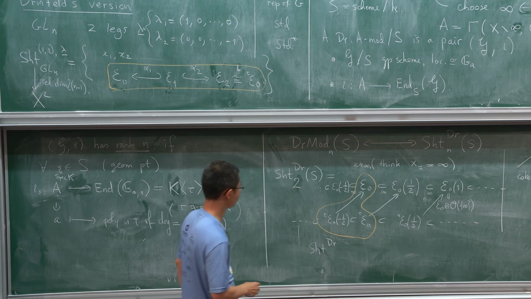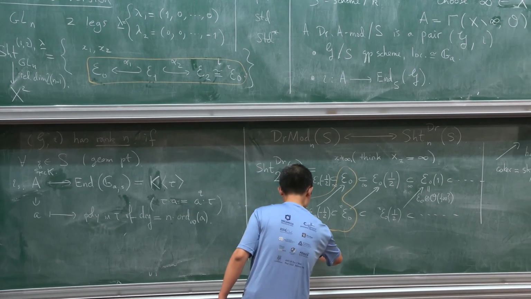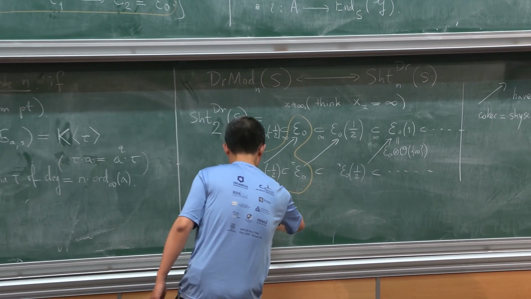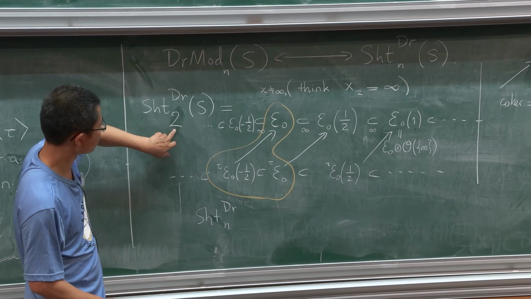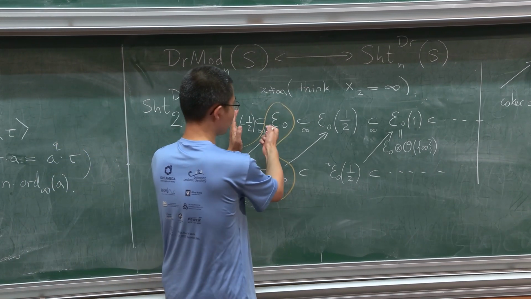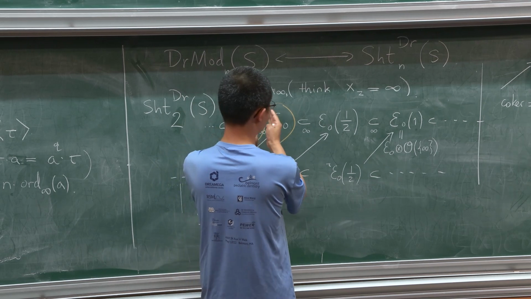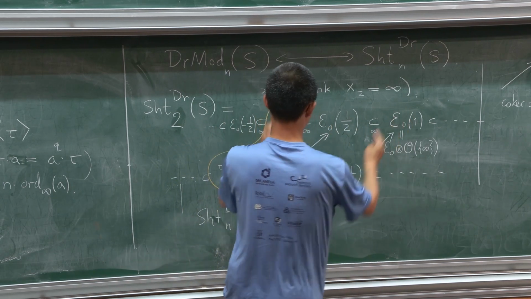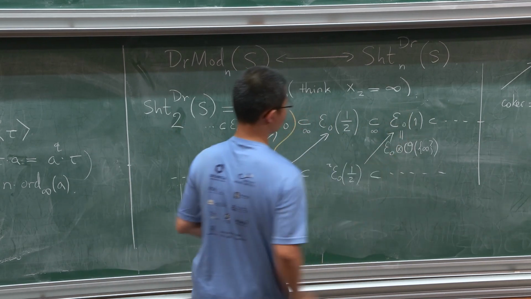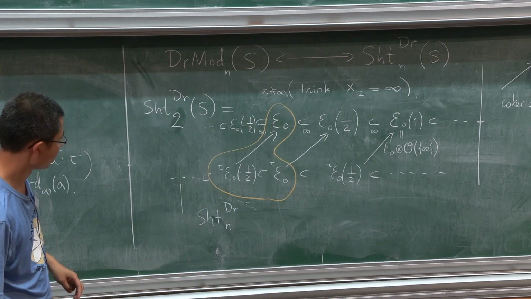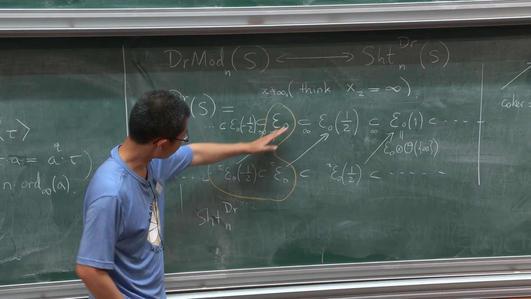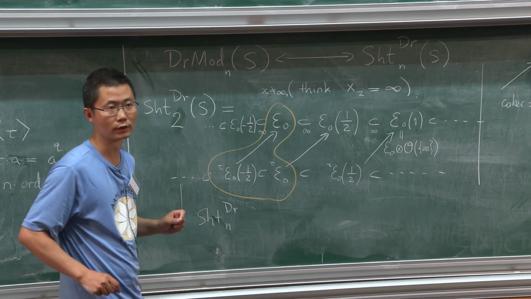It's a different leg. And I define only for n equals 2 here, but you can imagine for general n, you will have a full flag between E0 and its first twist. But these arrows still go to the right by one step.